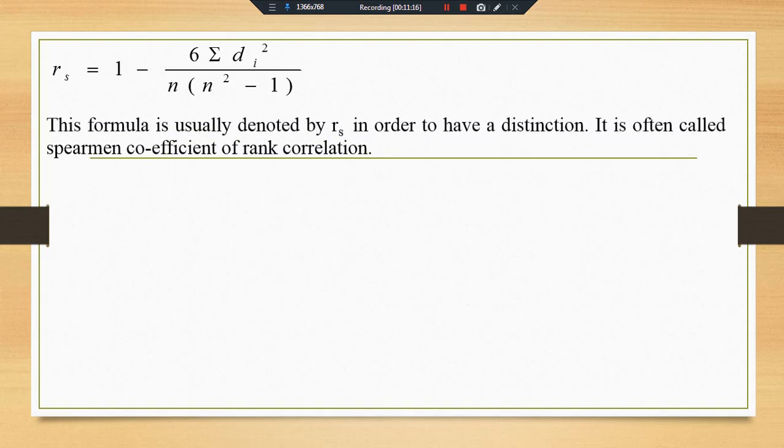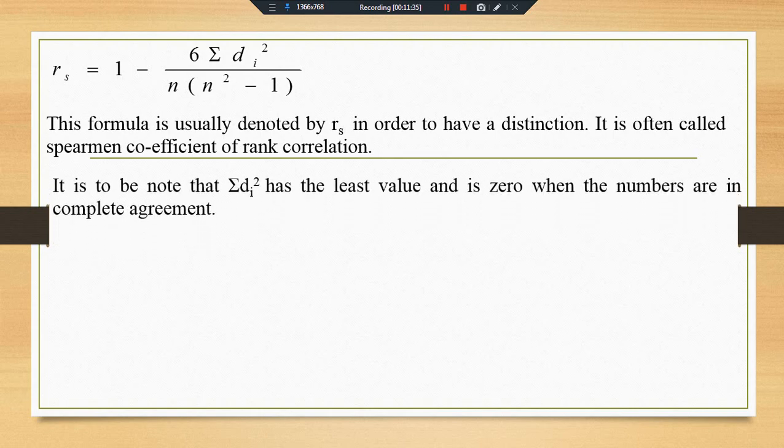So here we have to keep certain things in mind about the interpretation of this formula. This formula is usually denoted by rs, because we have to make the distinction between group correlation, simple correlation and rank correlation. So this is known as the Spearman coefficient of rank correlation.